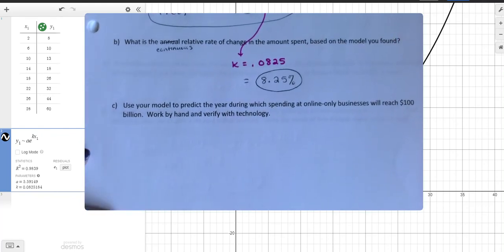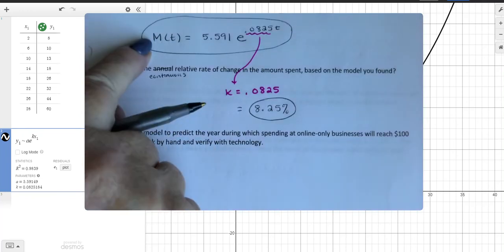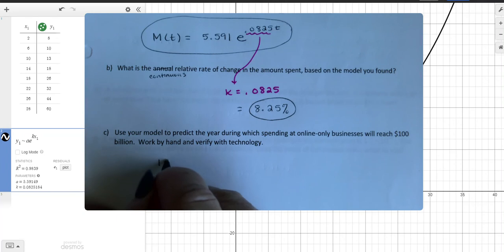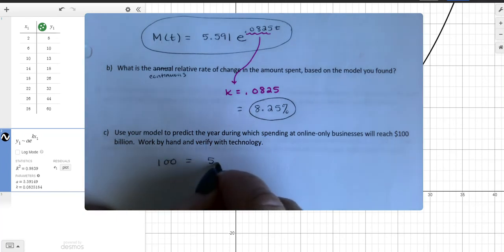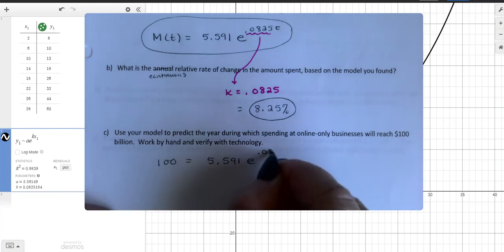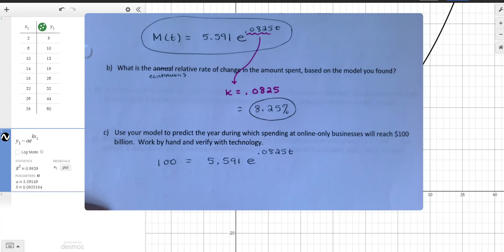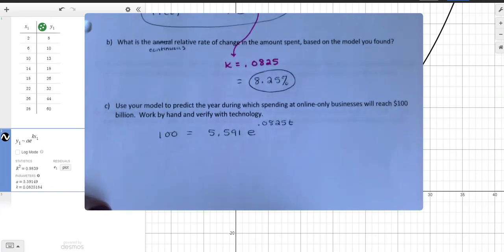All right, and finally we want to predict when spending at online-only businesses will reach $100 billion. So we want to put 100 in for our M value. And they want us to solve by hand again, but then we can verify with technology.